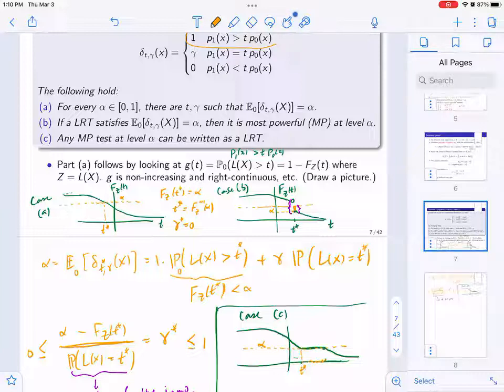But is that the case? Is that going to happen under the alternative?